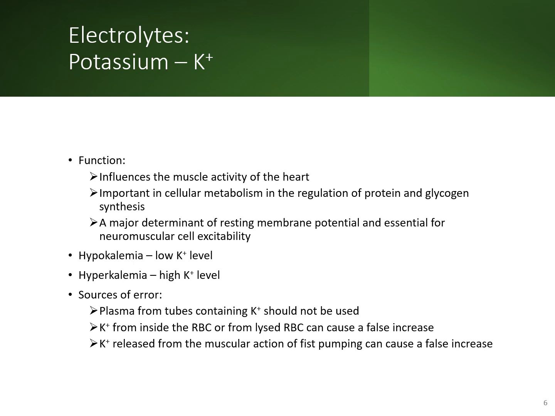Potassium functions to influence muscular activity of the heart. It also is important in cellular metabolism, in the regulation of protein and glycogen synthesis. And it is a major determinant of the resting membrane potential and is essential for muscular cell excitability.